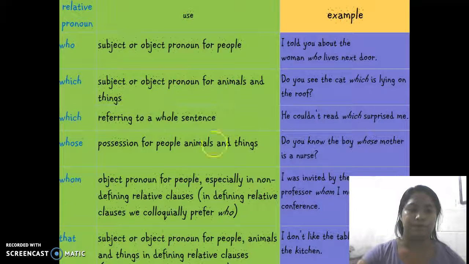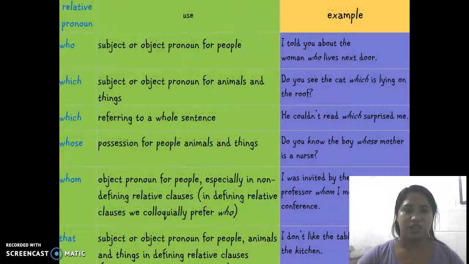Here I have a chart where you can see the relative pronouns, and that are who, which, that, whose, whom, which can refer to the subject or object pronoun and the whole sentence.